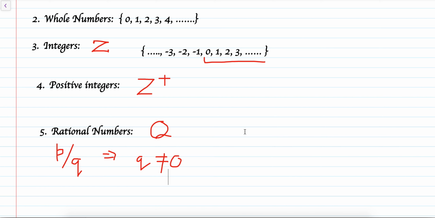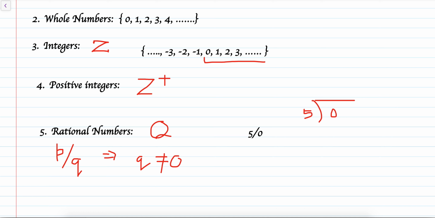For example, we write 5 divided by 0. So we do the mathematics. We have to find what number should I multiply to 0 so that I get 5.